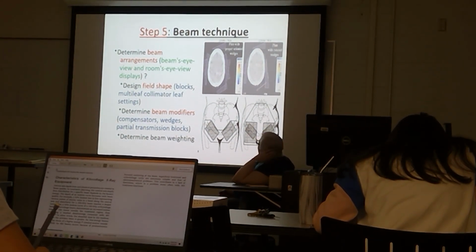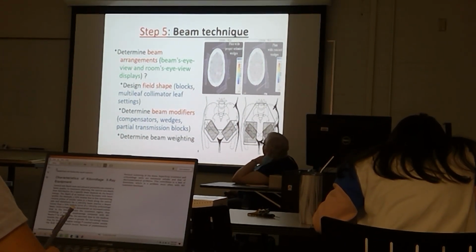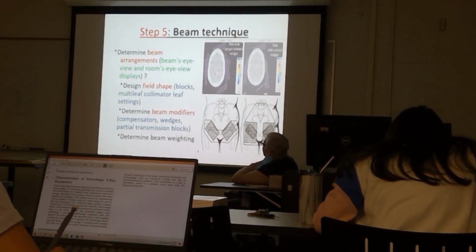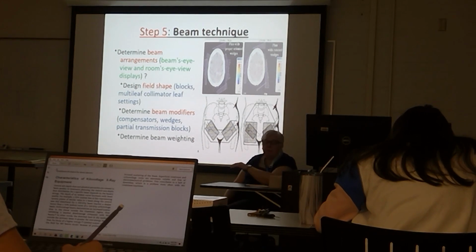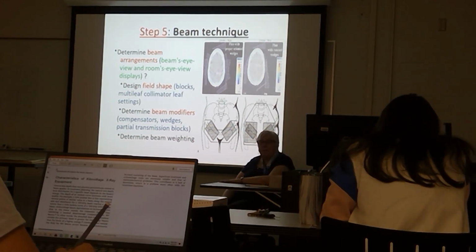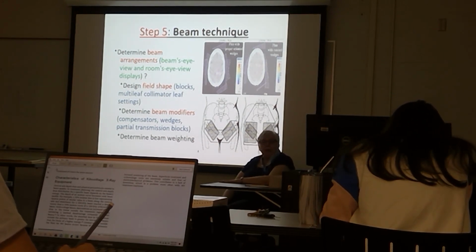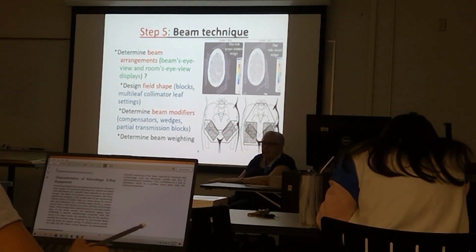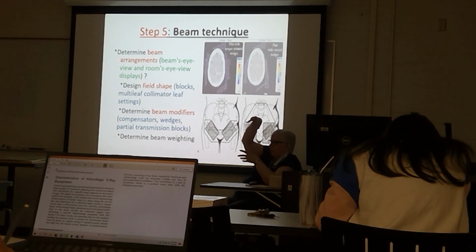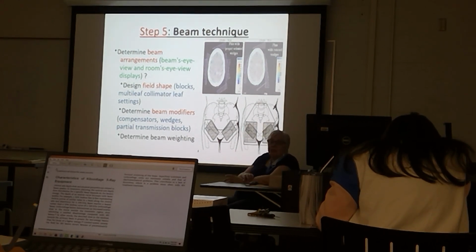So, beam technique. Beam's eye view. What does beam's eye view mean? It's the view straight down from the gantry. So you're in the beam looking down on the patient. That's the beam's eye view.